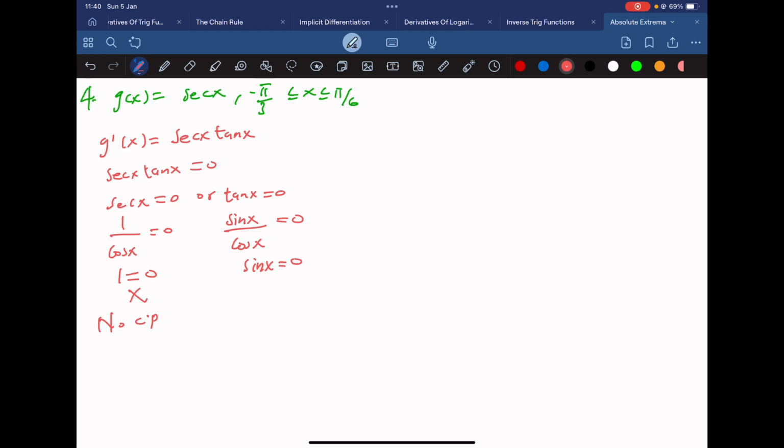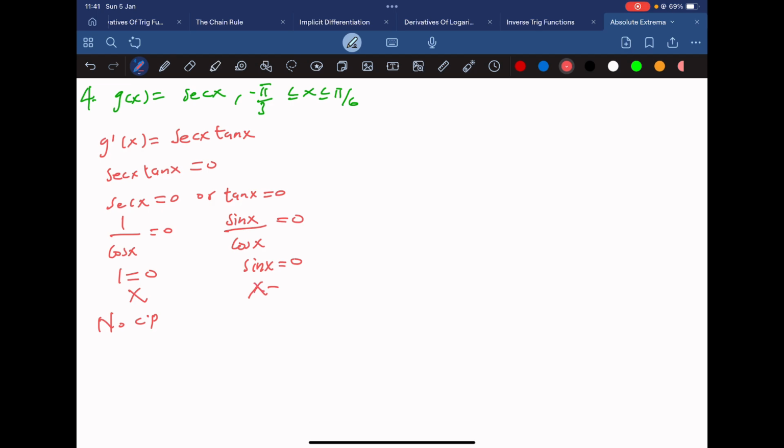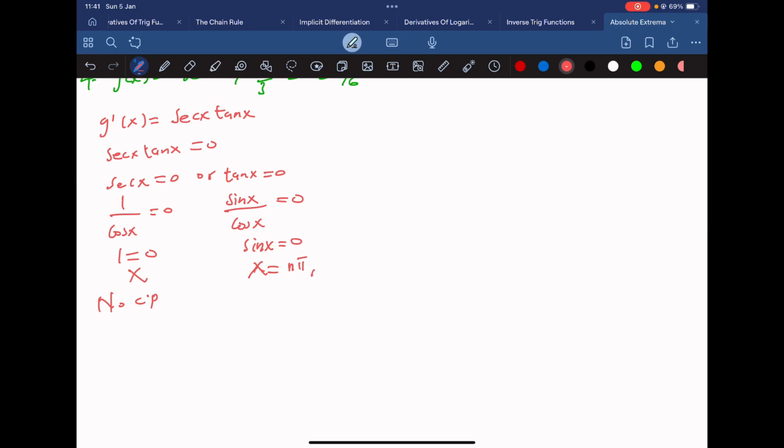So when x is equal to 0, sine of 0 is 0, right? And also when x is equal to 180, we are going to get sine of 180 to be 0. So we can say that the x values that do satisfy this condition are n pi, where n is basically all integers.